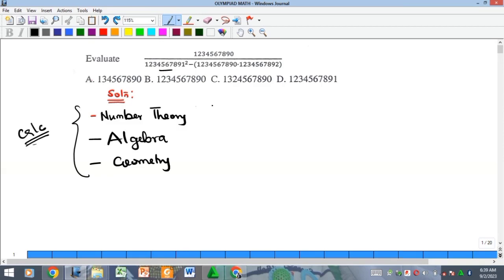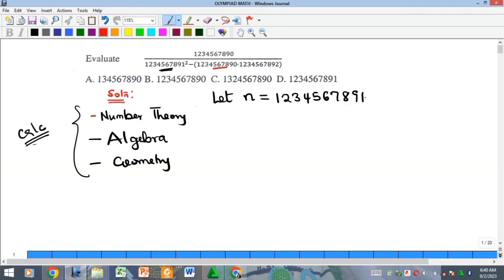So we begin. First of all, we'll give one of these numbers a name. Maybe we start with the first one and call it n. So we have 1, 2, 3, 4, 5, 6, 7, 8, 9, 1. If you watch carefully, you will observe that the second number is 1 less than this one.